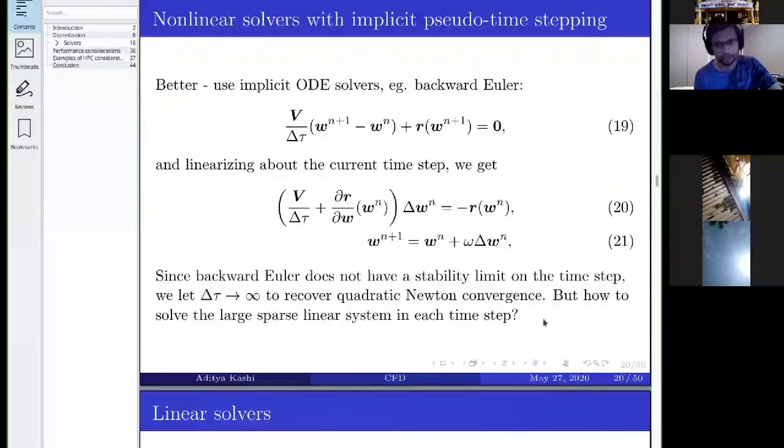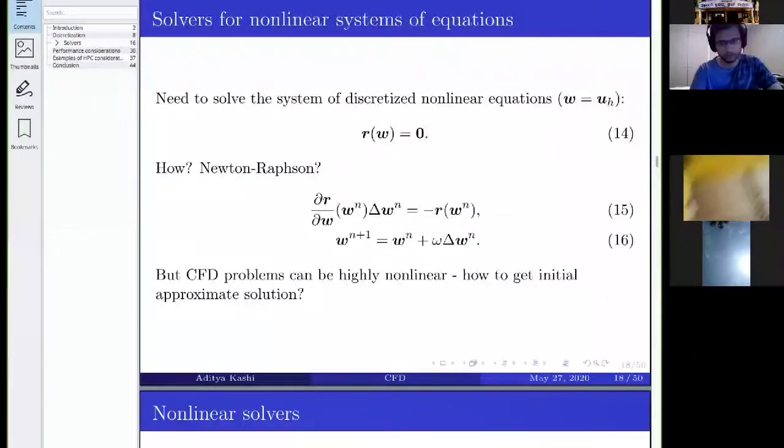This is very similar to the Newton discretization. This was the Newton algorithm, the equation that we solve for the Newton method. And this is for the backward Euler method. They are very similar, but we just add the fictitious time term.